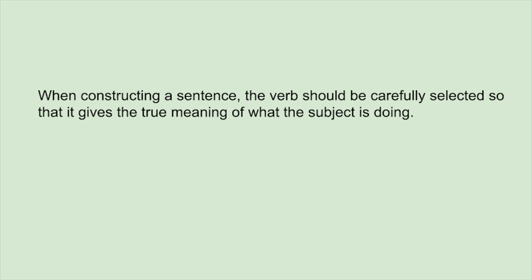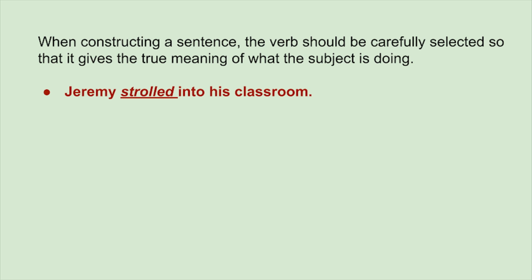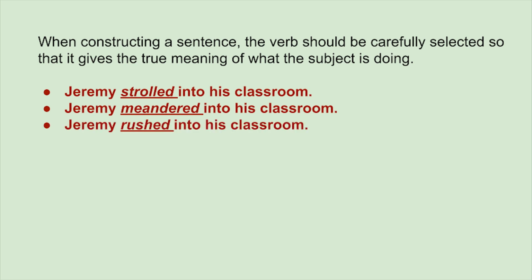When constructing a sentence, the verb should be carefully selected so that it gives the true meaning of what the subject is doing. Let's look at these sentences. Jeremy strolled into his classroom. Jeremy meandered into his classroom. Jeremy rushed into his classroom.